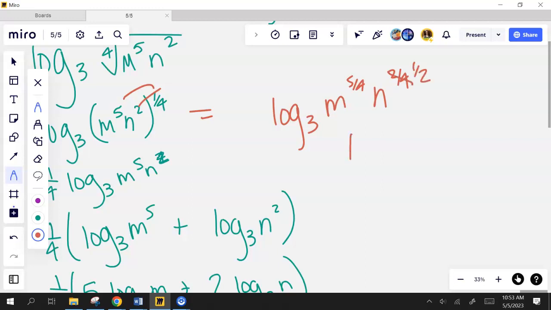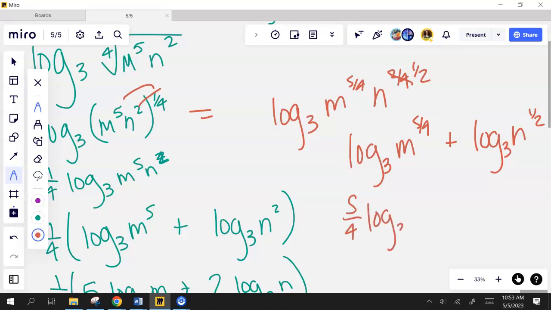Then I would have split it up, log base 3 of m to the 5/4 plus log base 3 of n to the 1/2. And now each one comes around front. 5/4 log base 3 of m plus 1/2 log base 3 of n.